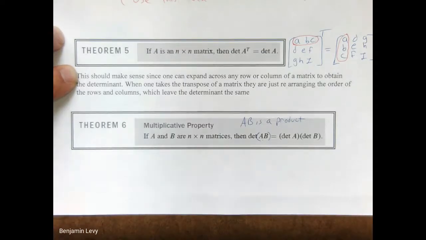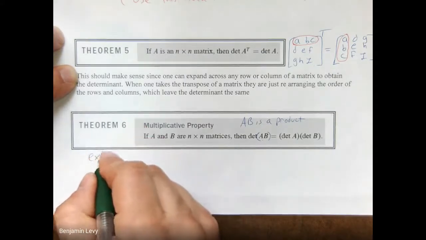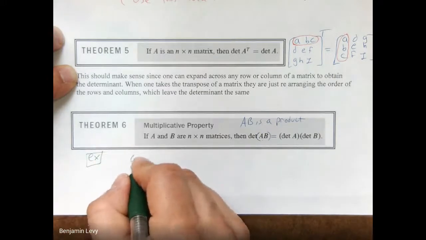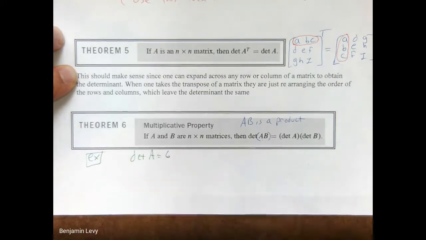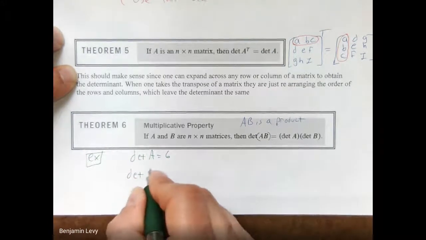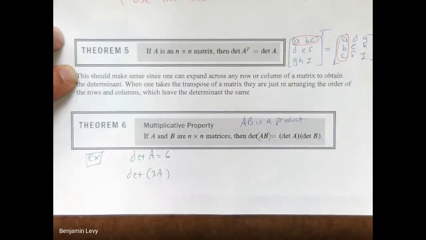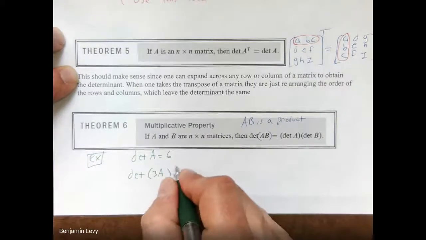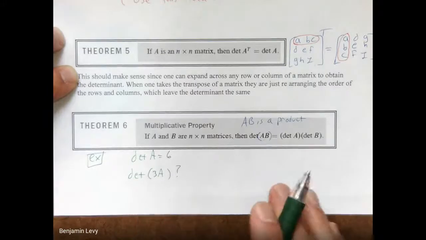So one application of this is if you know the determinant of the matrix is 6, for example, and then you want to know the determinant of 3 times that matrix or something like that. So we know the determinant of A is 6. We want to know the determinant of 3A.